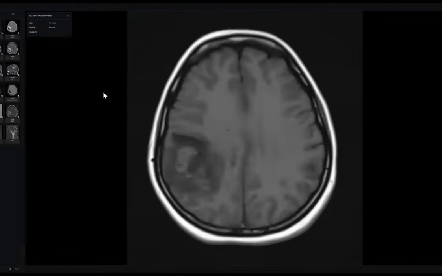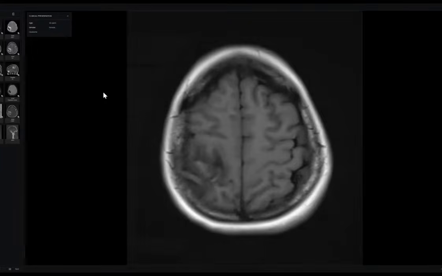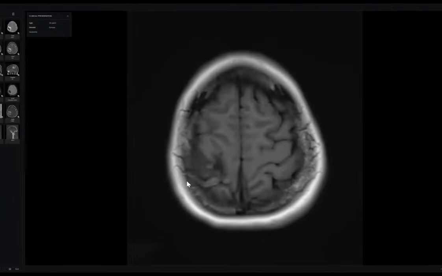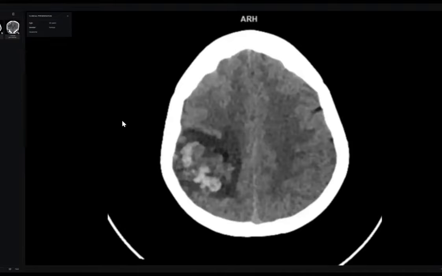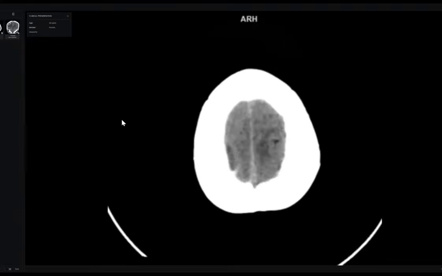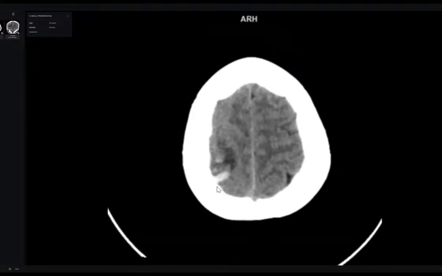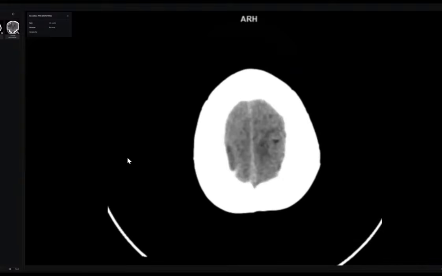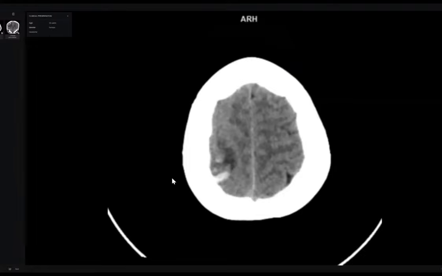Importance of conventional and basic sequences. This is the curvilinear structure. And here also, you did very well, doctor, when you picked up that inside this hemorrhage there is a curvilinear structure. This is a vein, and this is the key of this case.